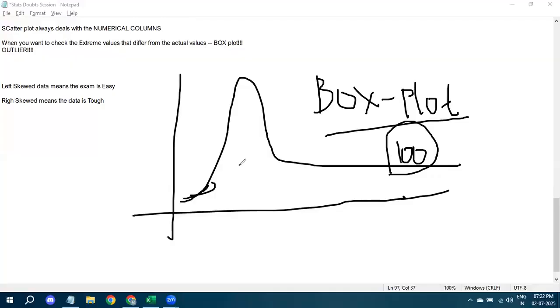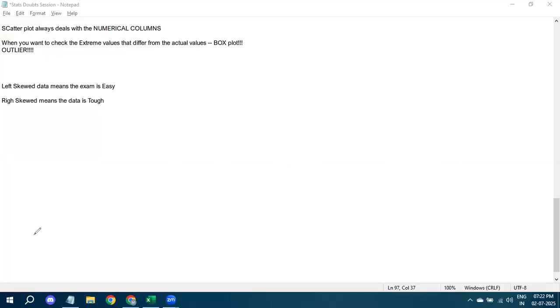Upon plotting my histogram and taking my skewness, joining all my points, I will get right skewed or left skewed data. So by including those outliers also, can I come to the conclusion? Let's say left skewed data means the exam is easy.